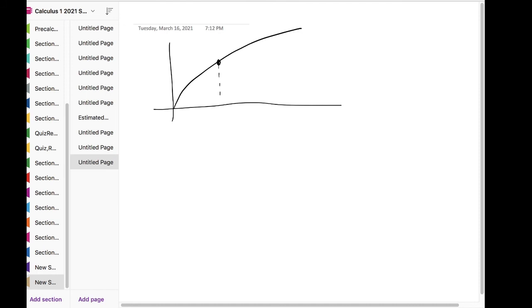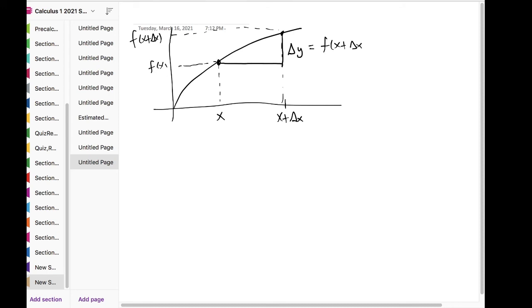So this is x, f of x, x plus delta x, and this actual point is f of x plus delta x. So delta y is this value, and it's equal to f of x plus delta x minus f of x. That's what delta y is.